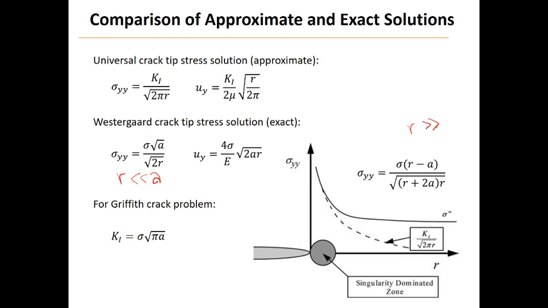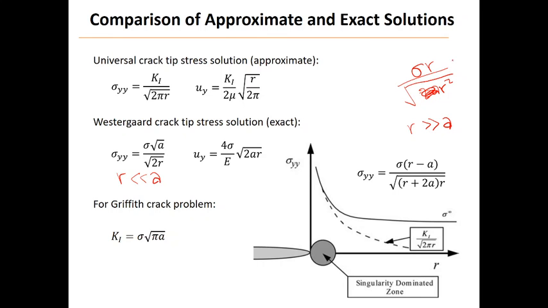Now, when R is much bigger than A, then you can start to neglect some terms here. In this case, R is much larger than A, then you can get sigma. You can neglect the A, and now in R squared plus 2AR, the 2AR compared to R squared is going to be very small because R already is much larger than A. So you get R squared, right?